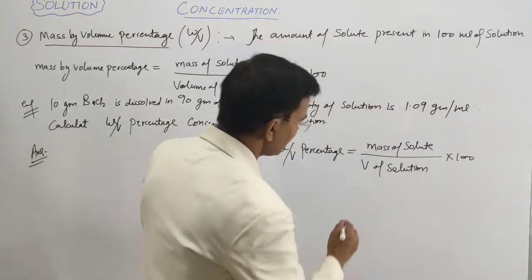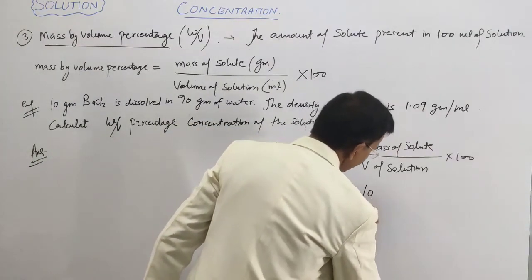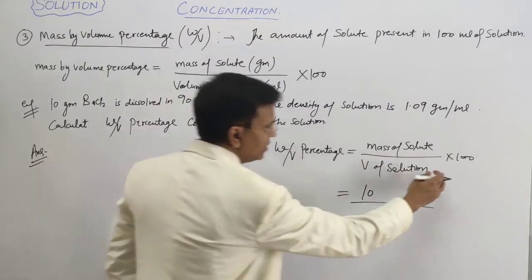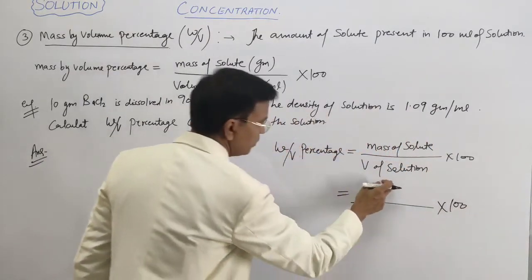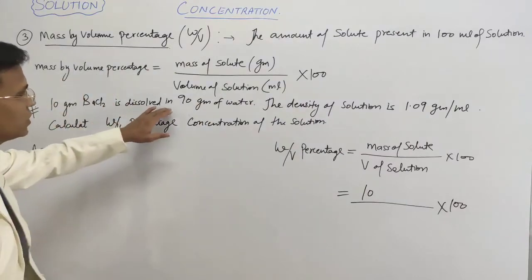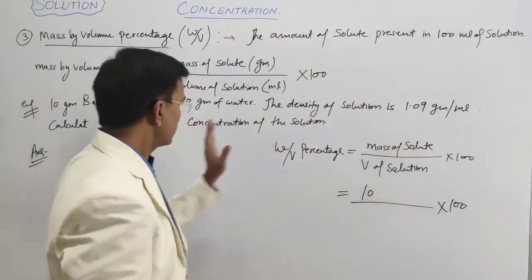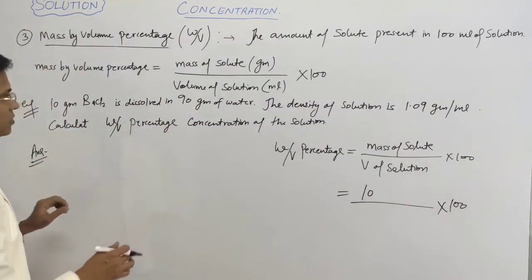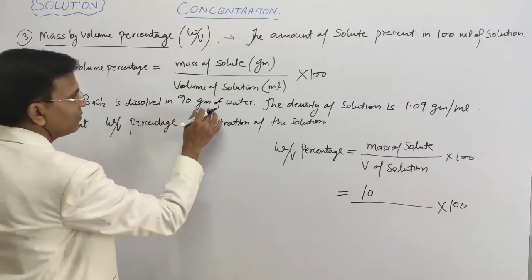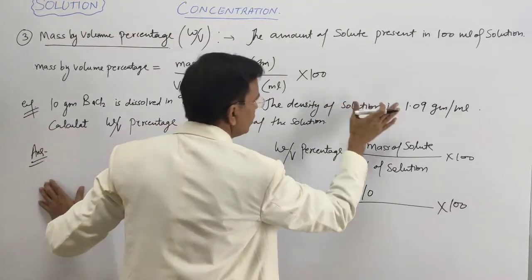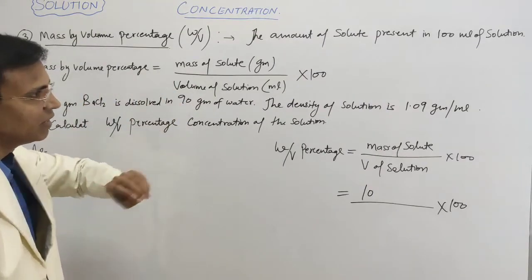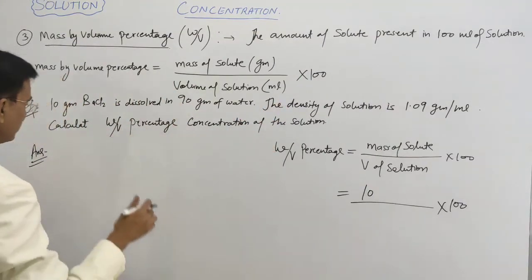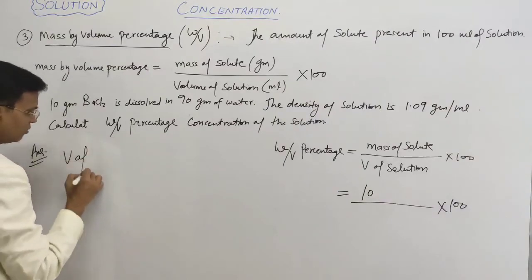You know this, 10 gram, right? Now 100 is 100, and this is the volume of solution. The volume of solution is not given. Now two things are given, 90 gram of water and the density of the solution. So the mass of solute, mass of solvent and the density of the solution are given, so the volume of solution can be calculated.